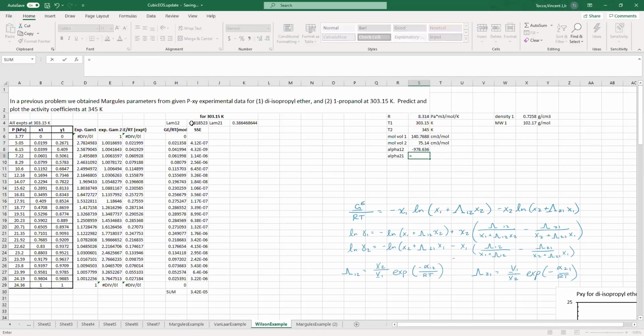And alpha 2, 1 is analogous: minus R times T1 times ln V2 divided by V1 times lambda 2, 1. Okay, one is positive, one is negative.